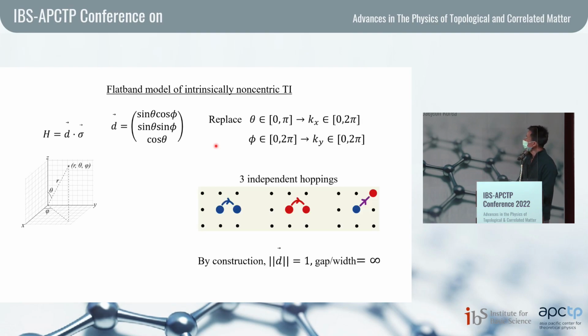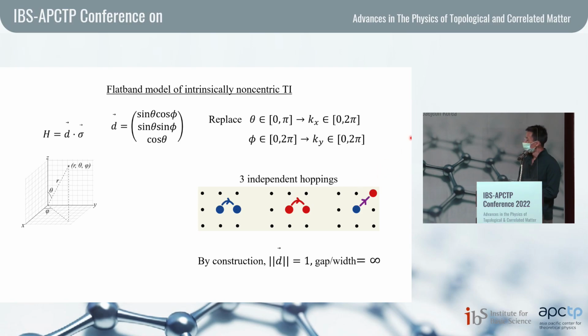Here's what we're going to do. We're going to replace theta and phi by kx and ky respectively. This is then a model with three independent hoppings: an intra-orbital hopping, blue and red corresponding to the two different orbitals in this model, another intra-orbital hopping with a different orbital, and then this diagonal inter-orbital hopping.